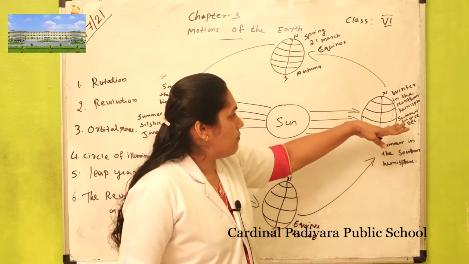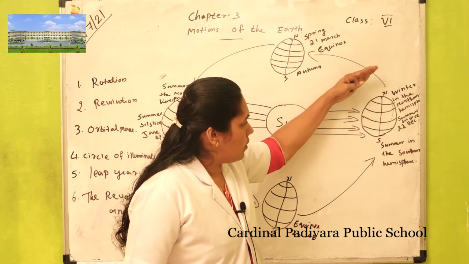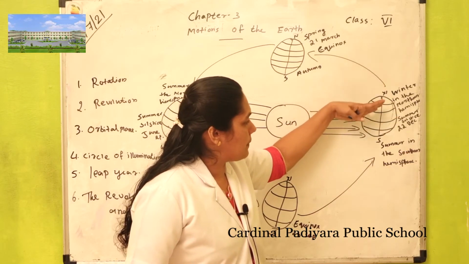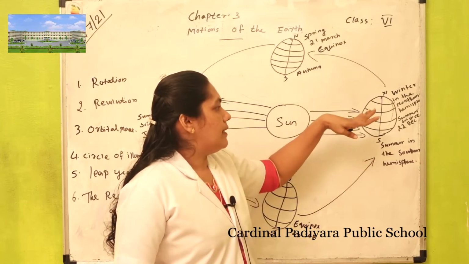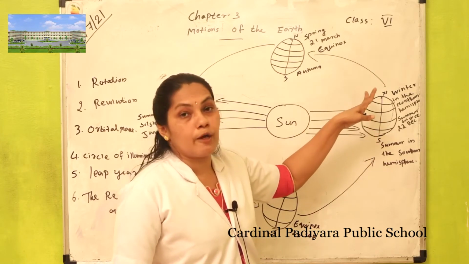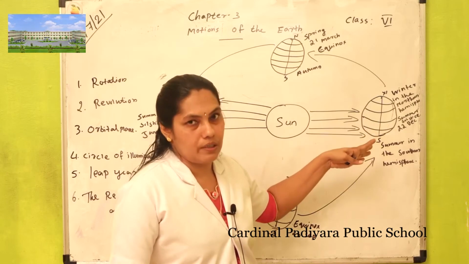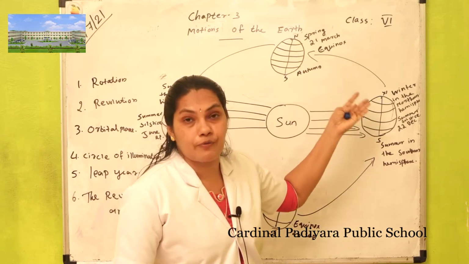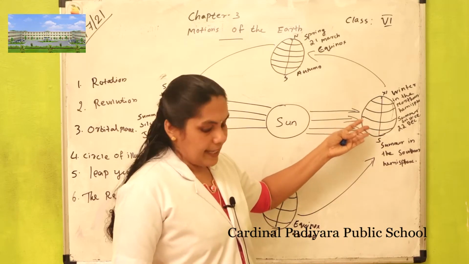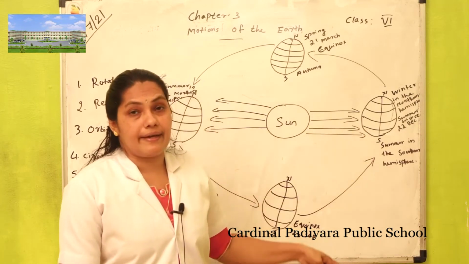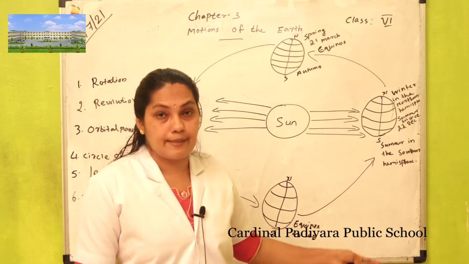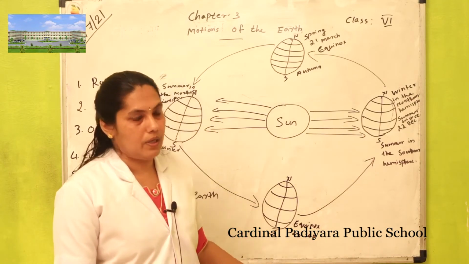In the same way, here are the northern hemisphere and the southern hemisphere. In the southern hemisphere is the Tropic of Capricorn. At that time the sun rays fall directly on that place, the Tropic of Capricorn.